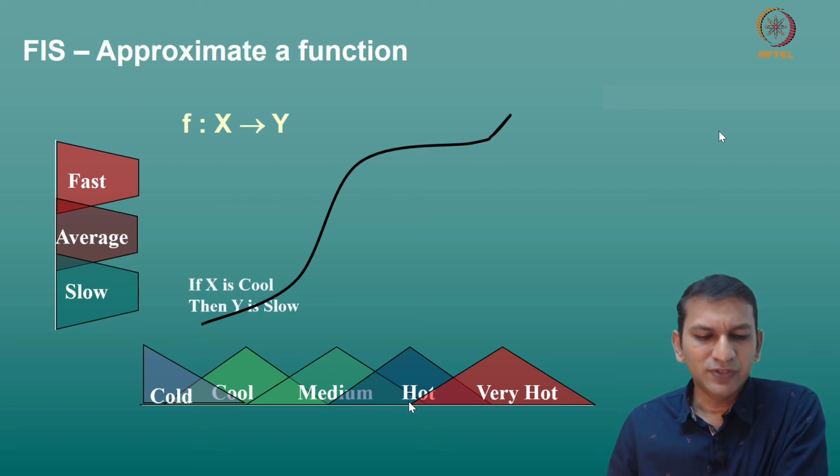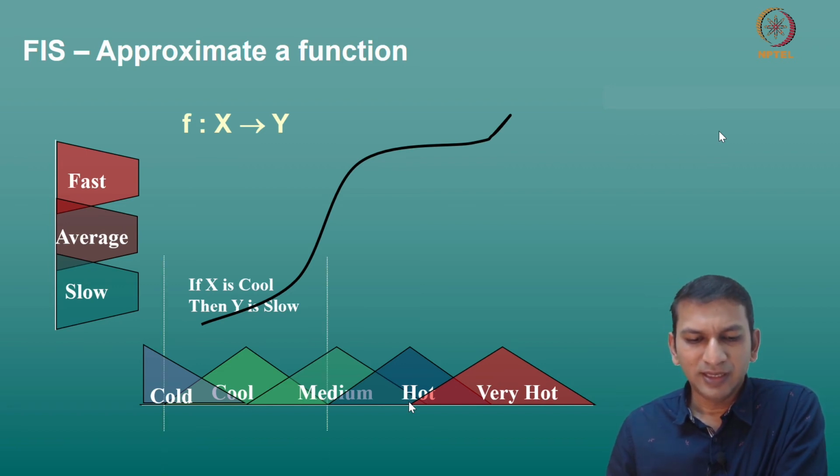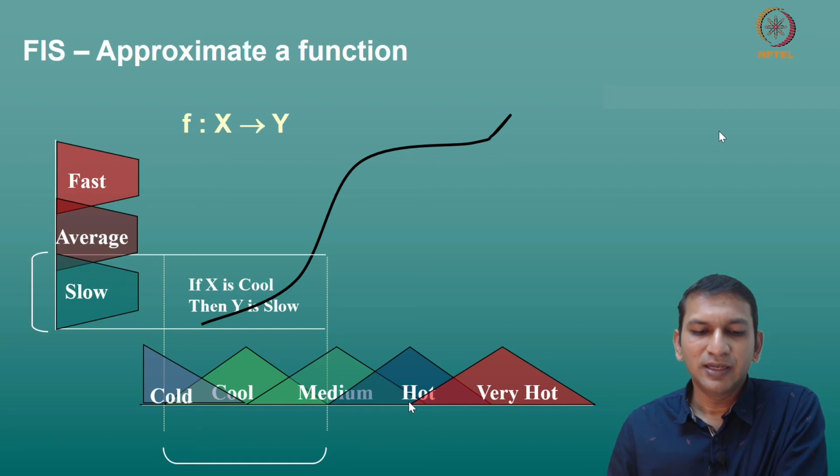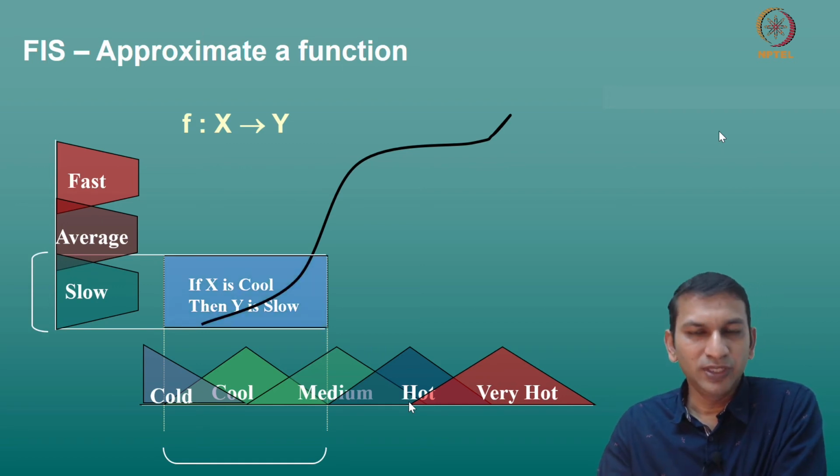For instance, we have seen that if you relate cool to slow through a rule, that if x is cool then y is slow, essentially what we are saying is this: we have the support of cool and we have the support of slow, and this is the rule patch that we get. Essentially we are saying 2 things here.